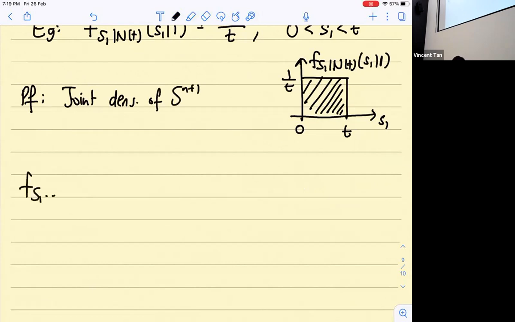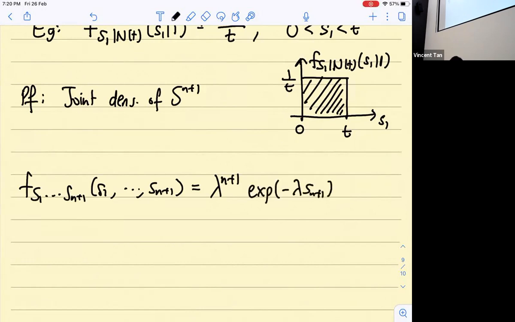So f of S1 up to S(n+1), evaluated at s1 up to s(n+1), what is it? Remember, and I'm not going to prove this again, it is just dependent on the last time: lambda^(n+1) e to the minus lambda s(n+1) when 0 less than s1 less than, and I'm not going to be careful about the less than or equal, okay?